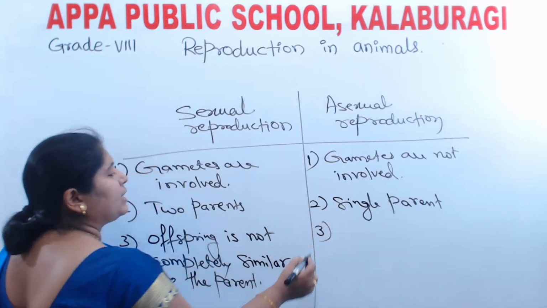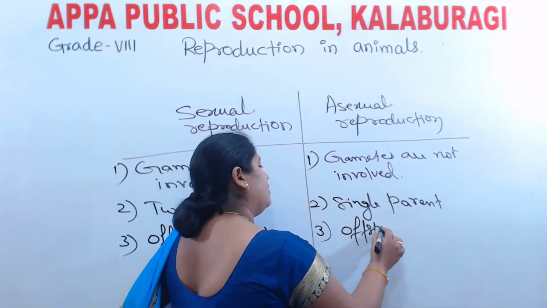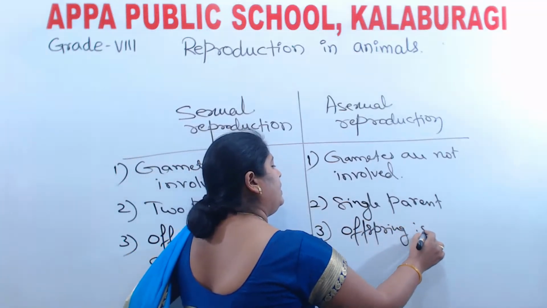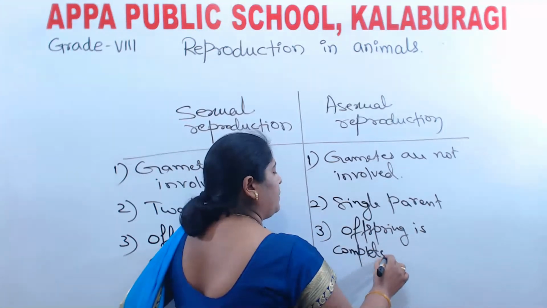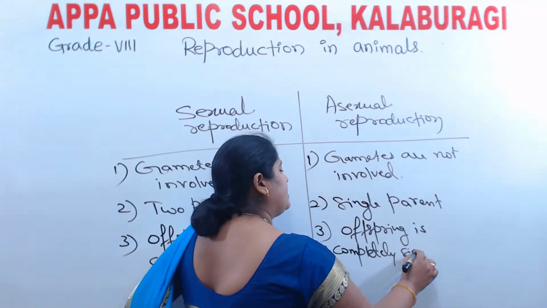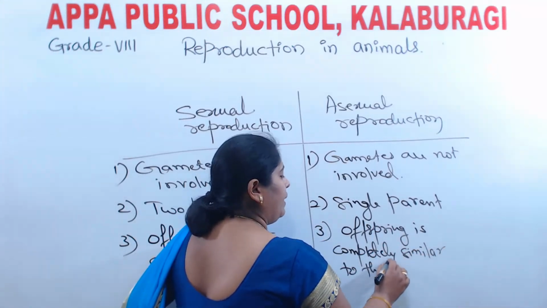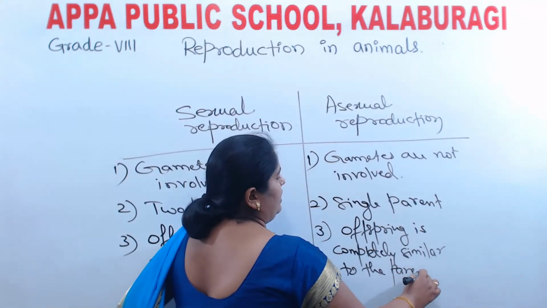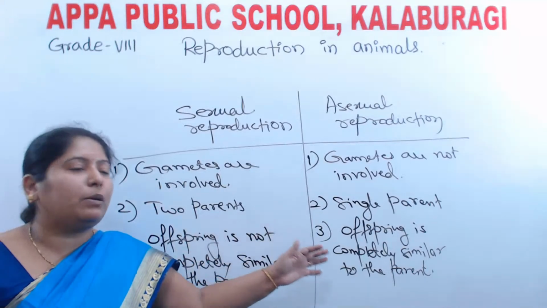But the third point in asexual reproduction is offspring is completely similar. Offspring is completely similar to the parent. Right? So these are the differences between sexual and asexual reproduction.